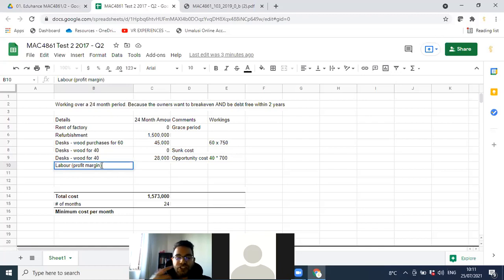The uncle is going to charge 40% profit margin for the labor. Now remember, the uncle does not know how much he paid for the other wood. So the uncle's going to charge him 40% on 750. So just be aware of that.